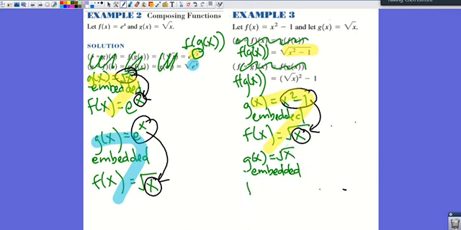And we're going to embed that within the bigger function of x squared minus 1, and embed that wherever you see this x right here. That's it.